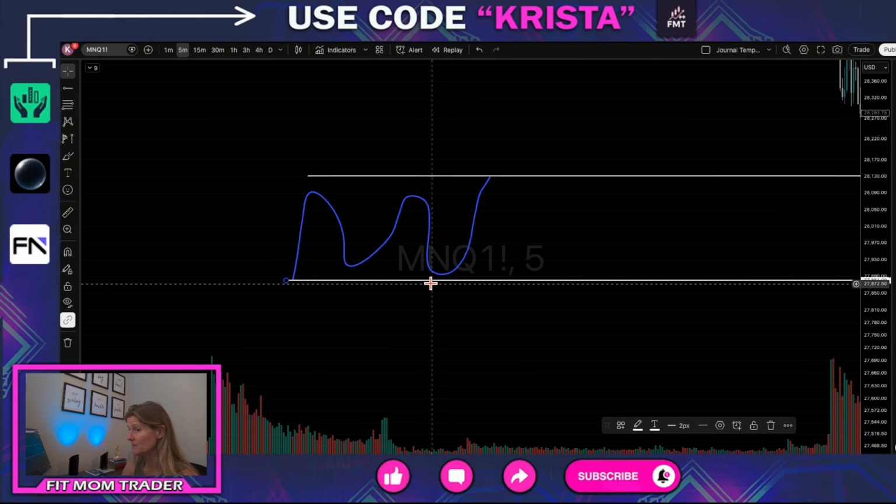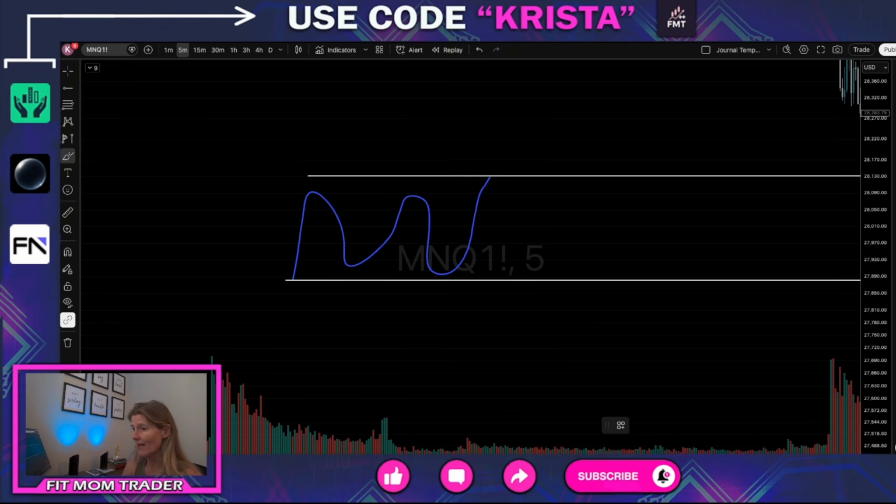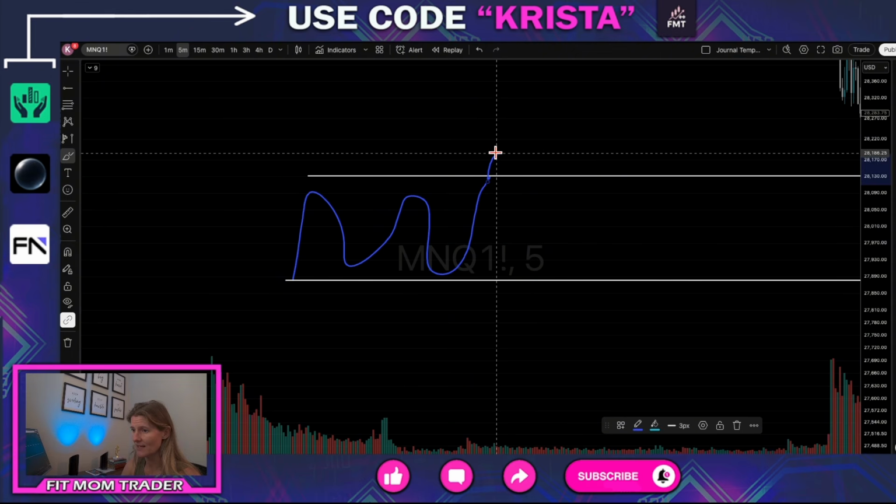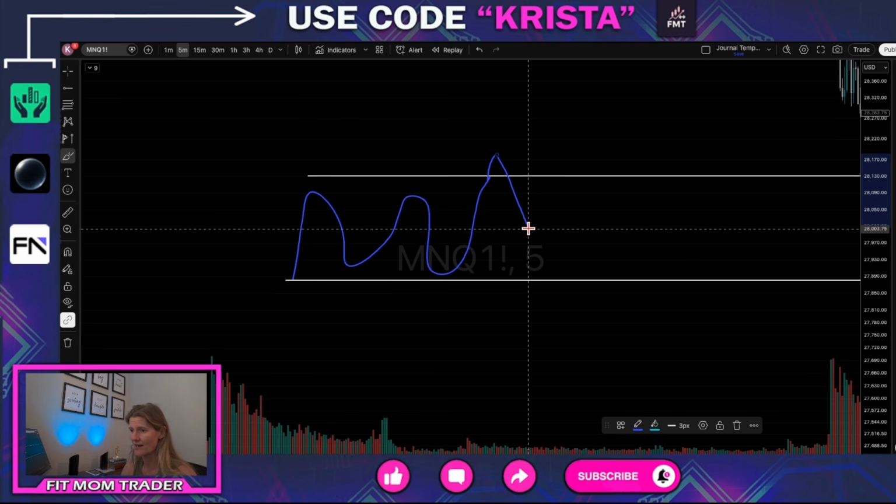So the first mistake, the biggest mistake by far, is that when price finally pushes outside of the range, people get excited. So if it breaks out of the range high, people get excited, they push the buy button, and then within minutes, price is right back inside of the range. You get stopped out and you wonder what happened. Here's what happened.